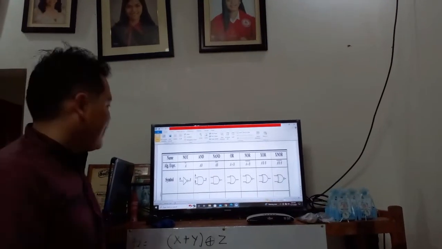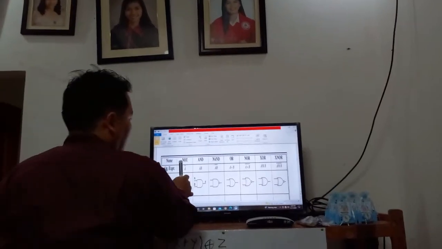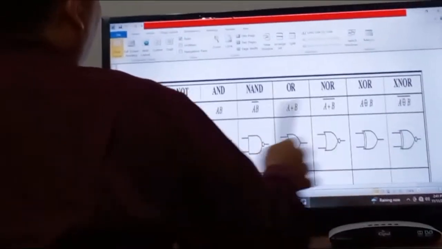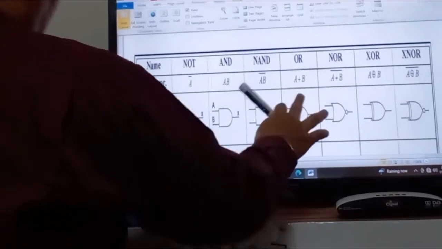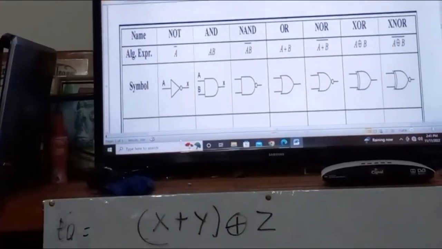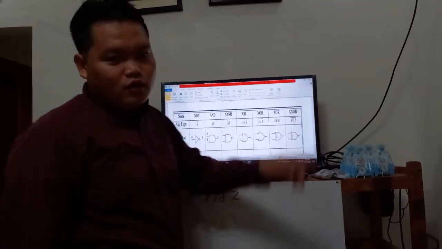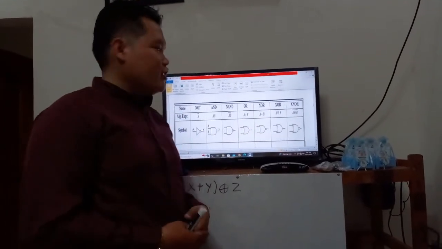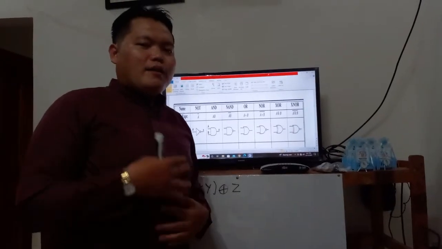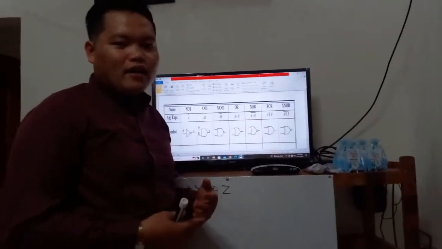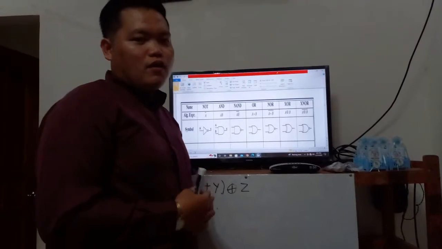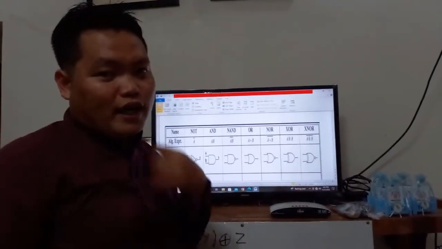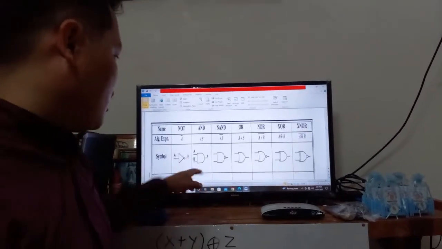So as a summary, we have the logic gates NOT, AND, NAND, OR, NOR, XOR and XNOR. So kining ubos is the algebraic expression. So magamit nato ni siya into creating an equation. Kay reverse man gani siya, depende if ang imong gihatag is diagram, imo siyang himuan og equation, or if equation ang gihatag, himuan nimo siya og diagram with the use of logic gates.